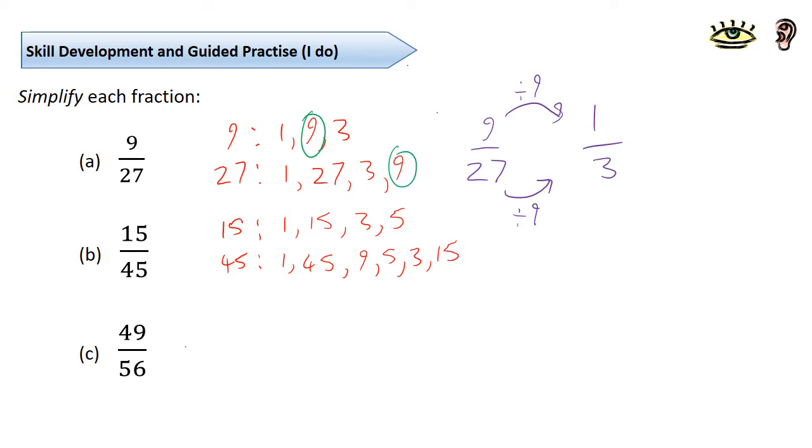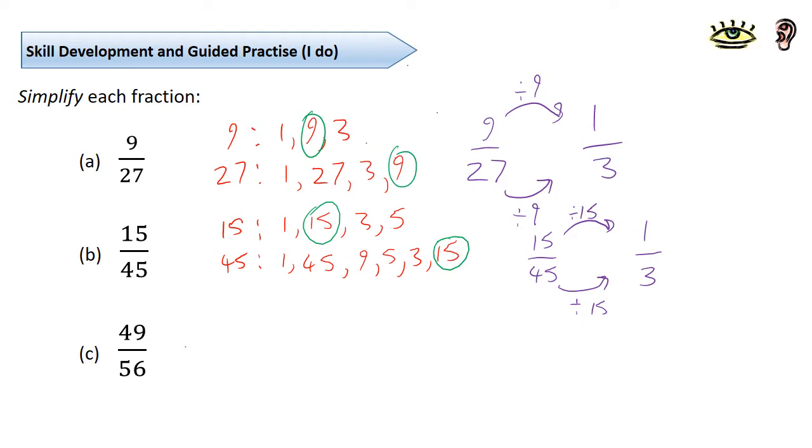So between both of those, the highest common factor is 15, which is common to both those sets. So 15 over 45, we divide both the top and the bottom by our highest common factor, 15, to get 1 over 3.